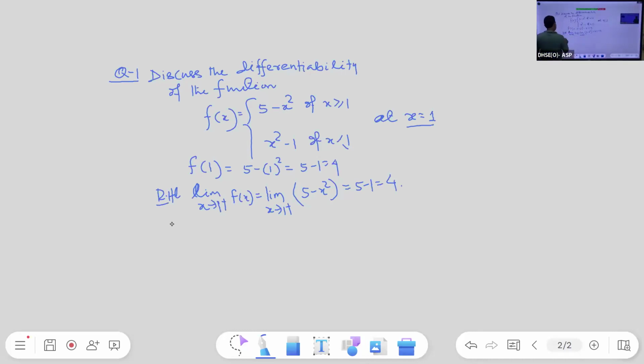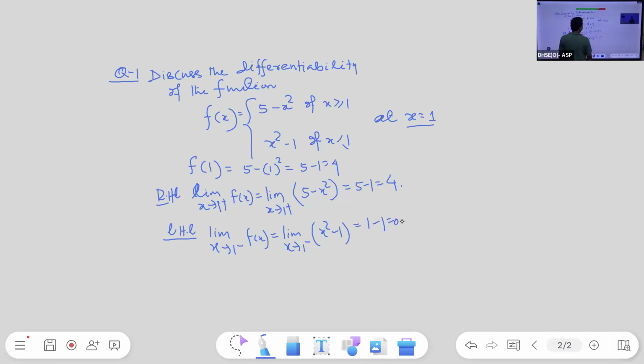Then the left hand limit at x is equal to 1: LHL, limit x tending to 1 minus f of x, is equal to limit x tending to 1 minus of x square minus 1, which is 1 minus 1 equals 0.